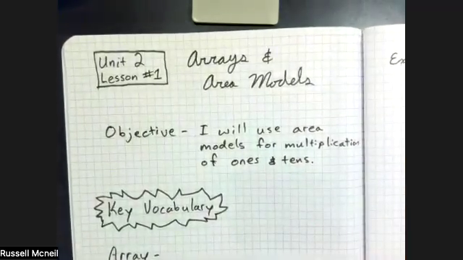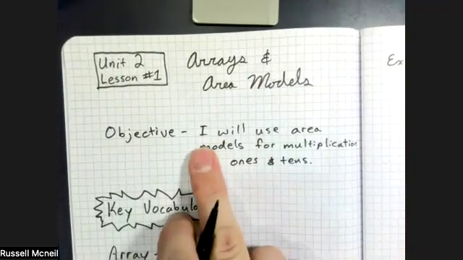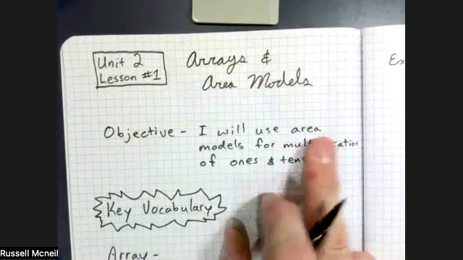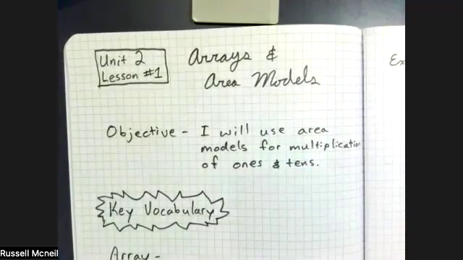Take a moment to carefully write your objective into your notebook. All right, let's read it one more time. I will use area models for multiplication of ones and tens.